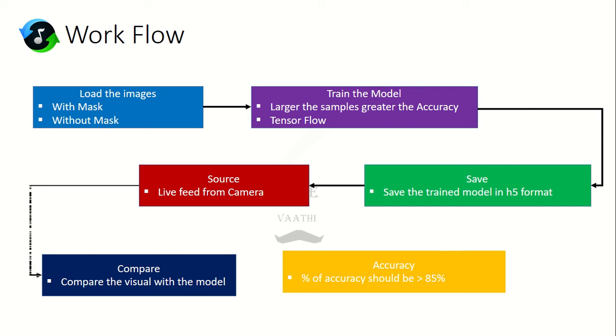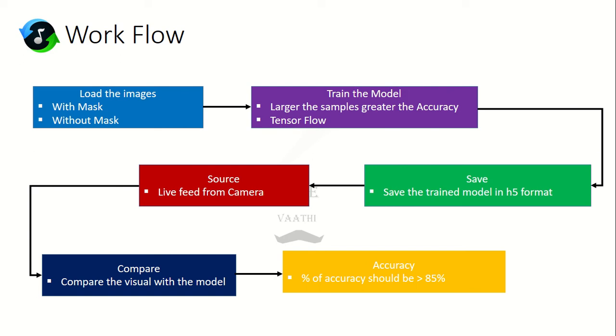The next part is comparing the visuals with the model. Once we connect our camera with the code, we compare these real-time visuals with the trained model which we have stored before. This is how it's going to work.